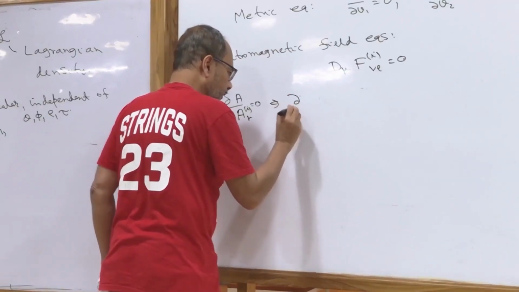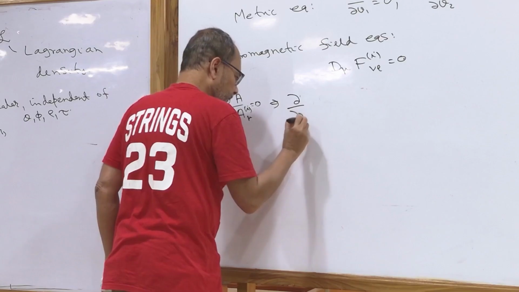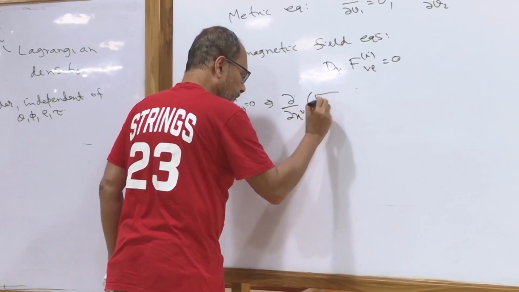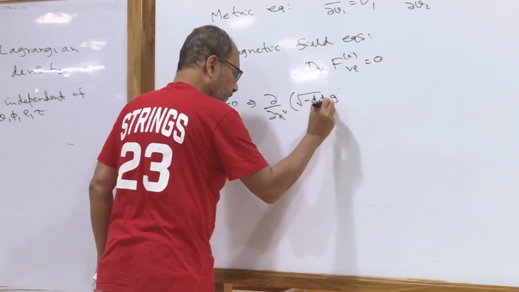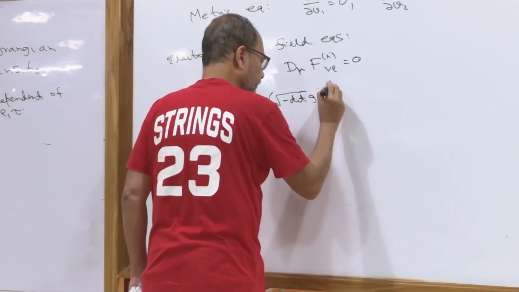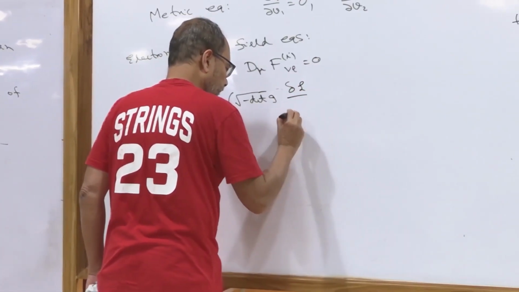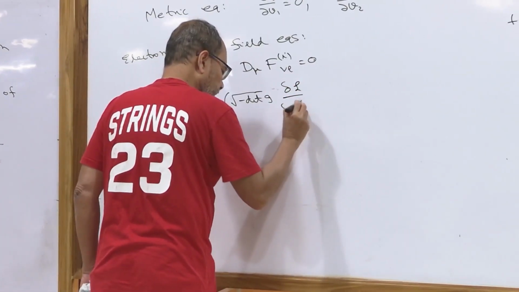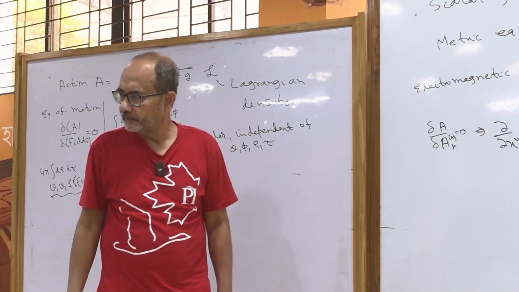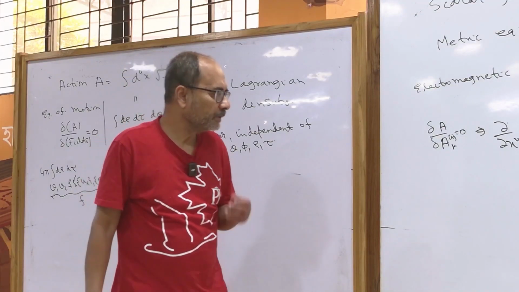This gives you, okay, this is the electromagnetic field equation, okay, for a general Lagrangian.